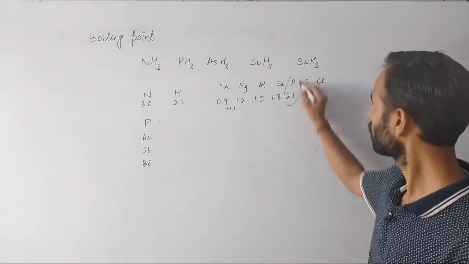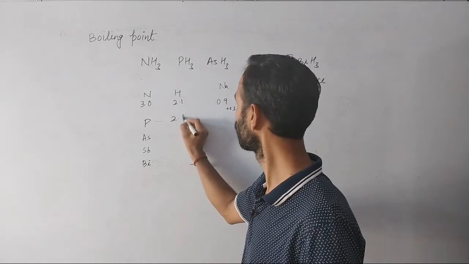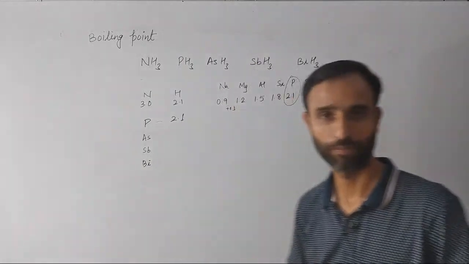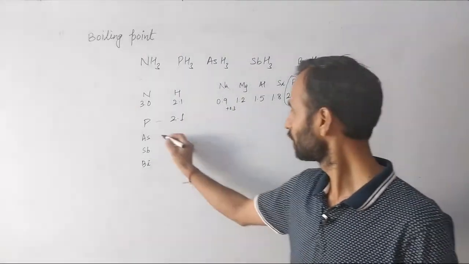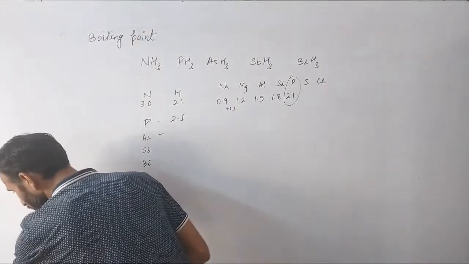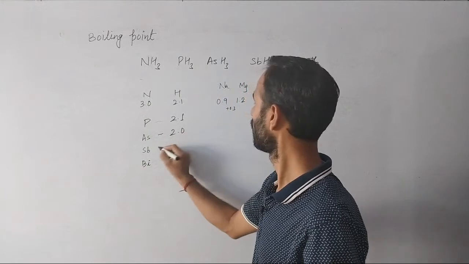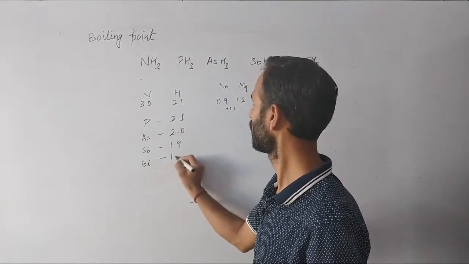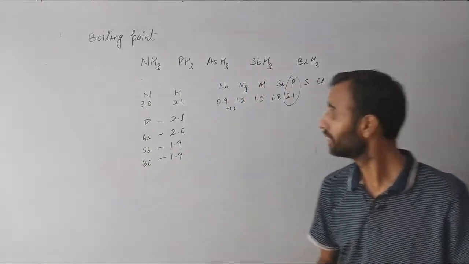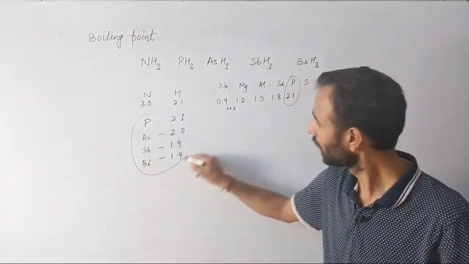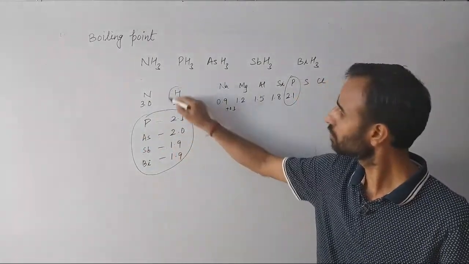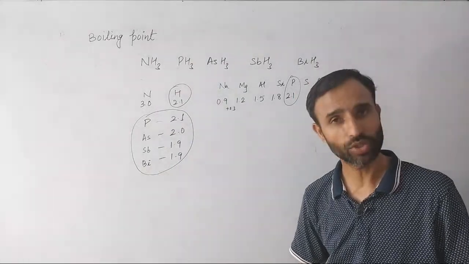So the electronegativity of phosphorus is 2.1. Even arsenic, the electronegativity of arsenic is 2.0 and the others have 1.9, meaning their electronegativity is very close to hydrogen.